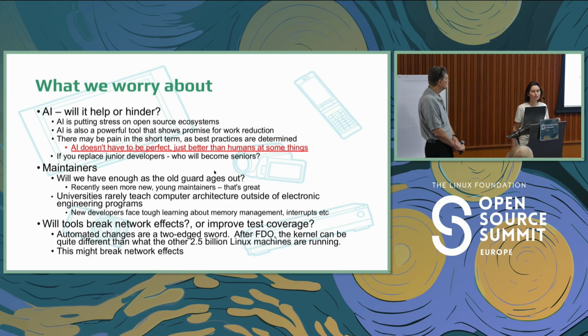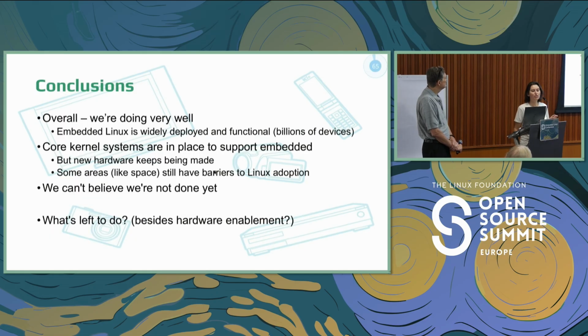And then we have tools that could break network effects or improve test coverage depending on how you look at that, because the kernel could now be quite different depending on where you compile it. But to sum up, we have a full room on these talks, and we are going very well. We have a lot of interesting content all the time.